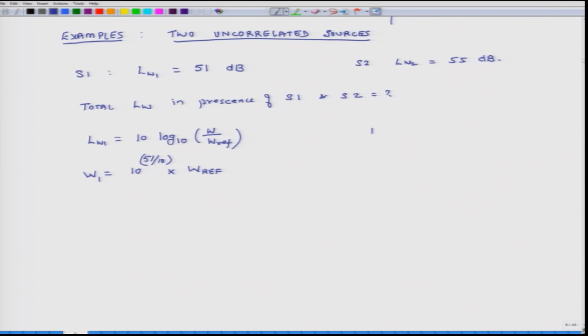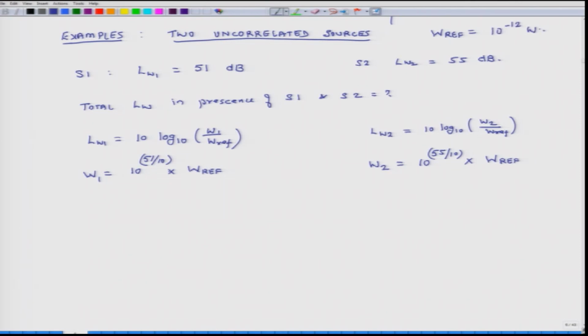and LW2 is equal to 10 log 10 W2. So, this one is W1, and W2 is 10 to the power of 55 divided by 10 into W ref. And what is W ref? 10 to the power of minus 12 watts.